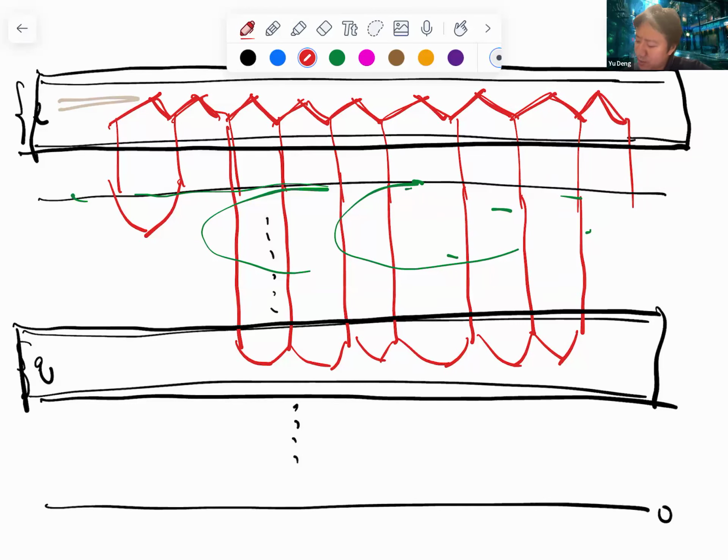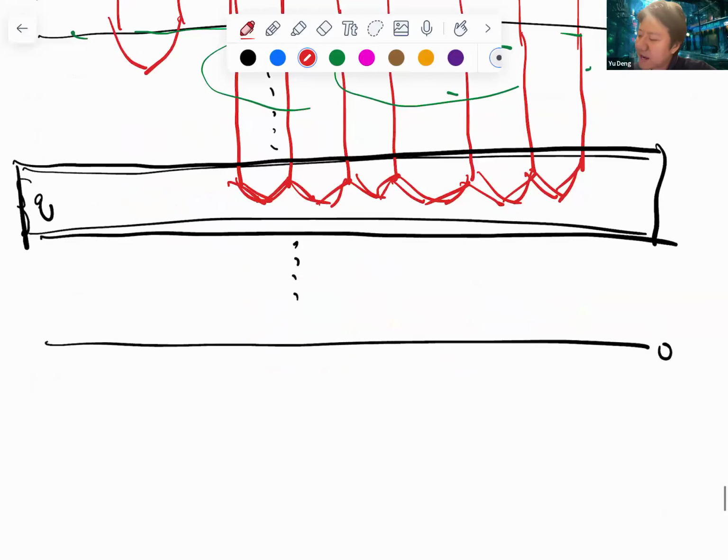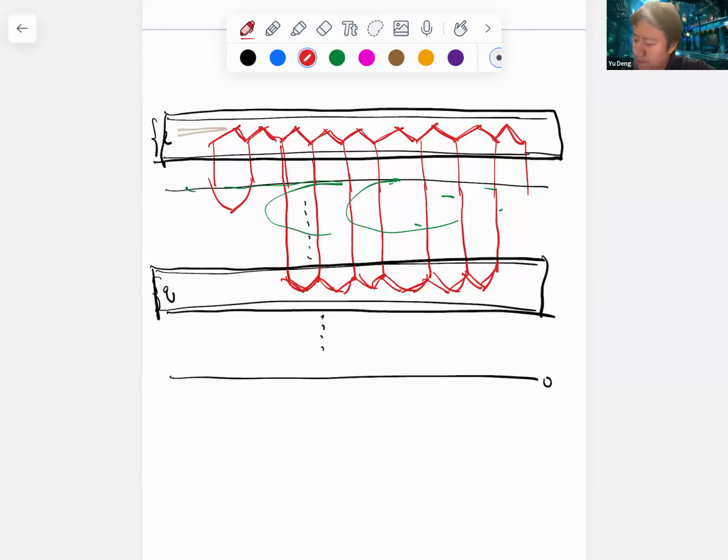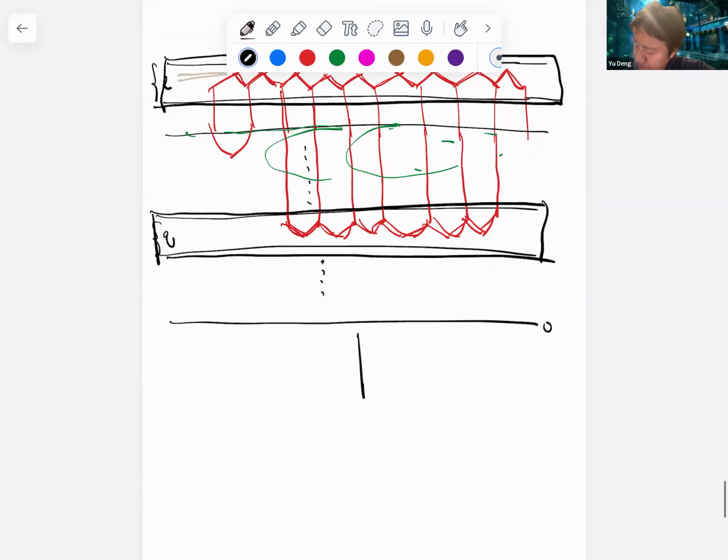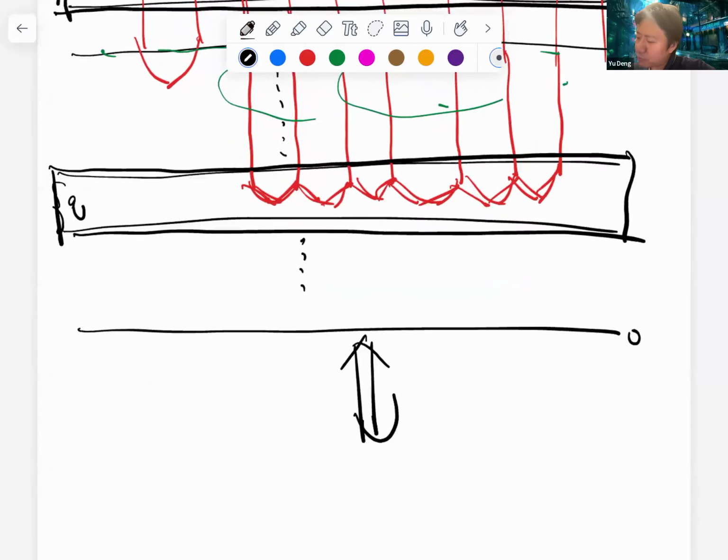Okay, and these particles, remember, they are connected in the top layer. They are again connected in the bottom layer. Whatever is in between, you can simplify to this picture. Well, you only have two layers.